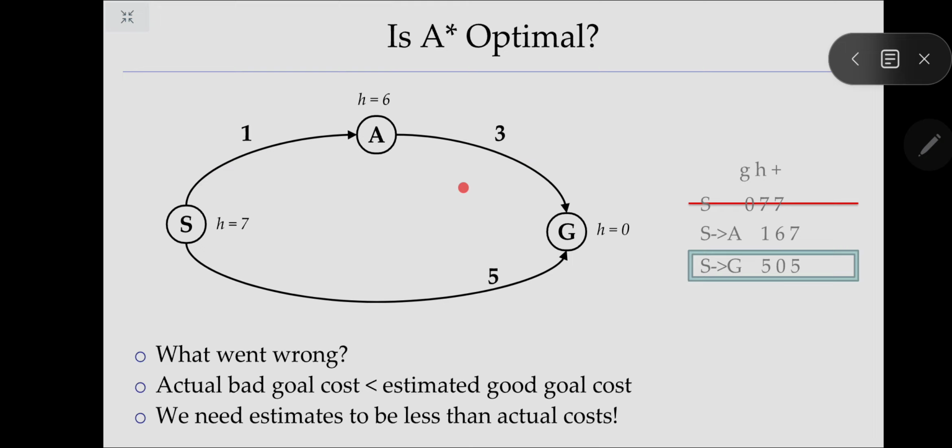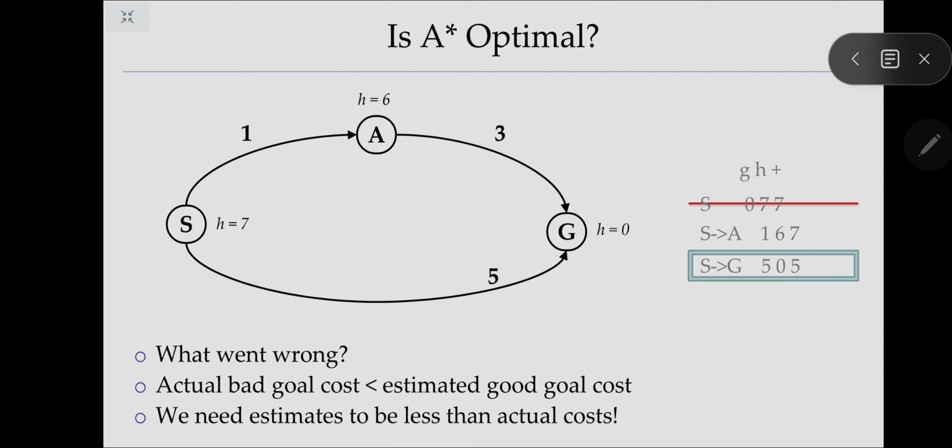That means you can define h of S equal to 0, 1, 2, 3, or 4. A value greater than 4 is not useful for the A star algorithm. And as you see, h equal to 7 shows that the heuristic is inadmissible, and we are not guaranteed to find the optimal solution.